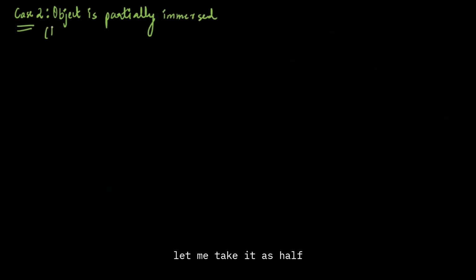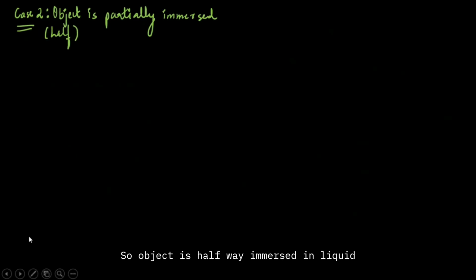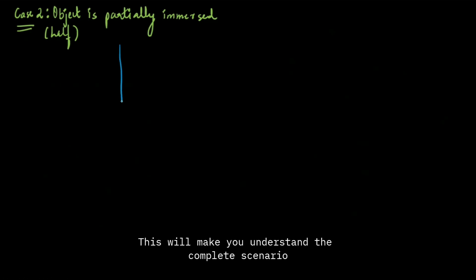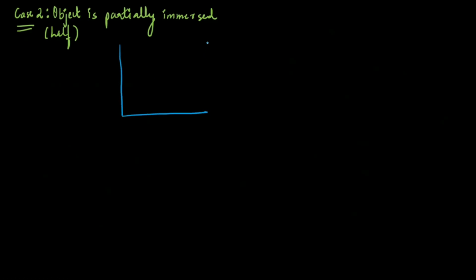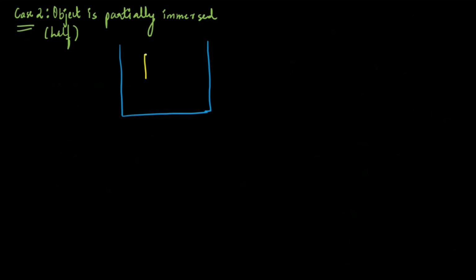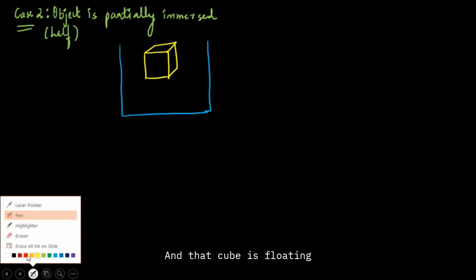And in partially, let me take it as half. The object is halfway immersed in the liquid and half of the object is floating upward. This will make you understand the complete scenario. So again, same thing you will do. We'll assume a cube and that cube is floating.